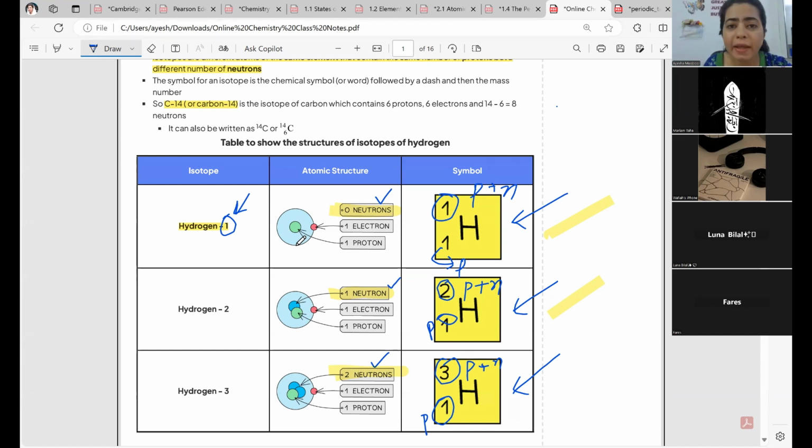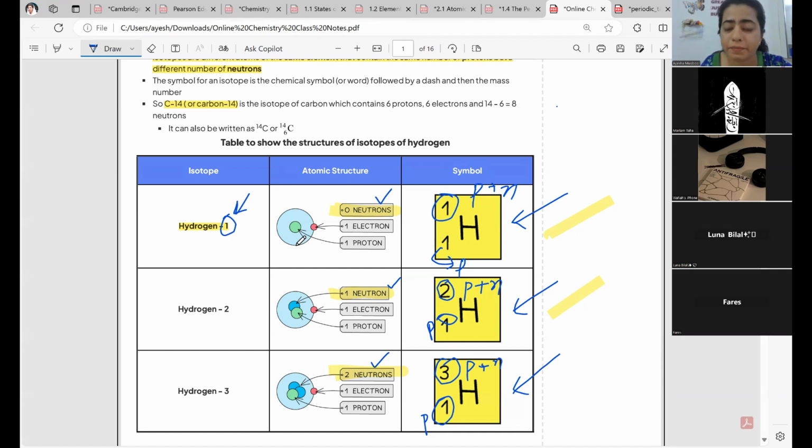If we are using any element, we are not using the pure form of the element. We are using an element containing these different isotopes. For hydrogen we have 3 isotopes, for carbon we have 3 isotopes. So if we take any gas from the air, it has all the isotopes mixed in.